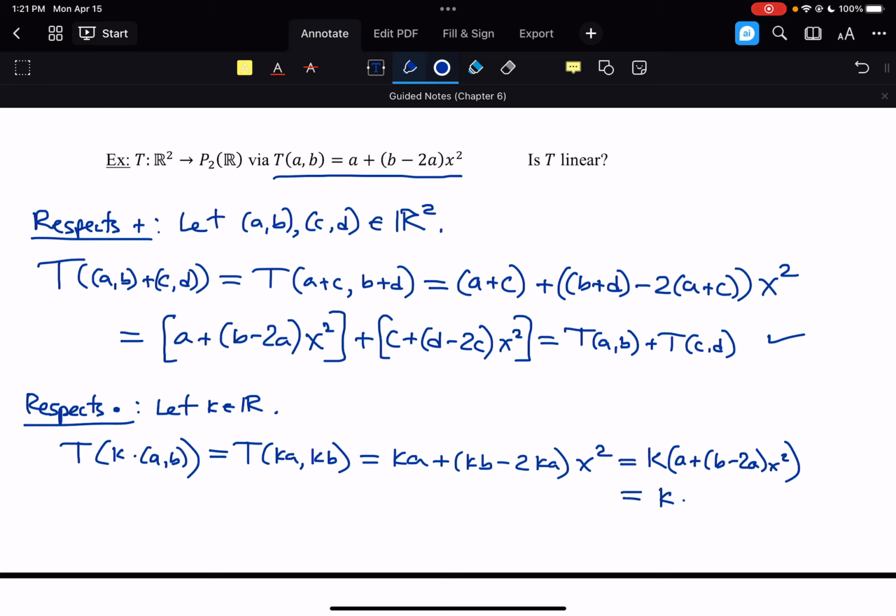And that is k times the transformation of a and b. So we do have that it respects scalar multiplication as well. So since the transformation respects addition and respects scalar multiplication, we can say, therefore, T is a linear transformation.